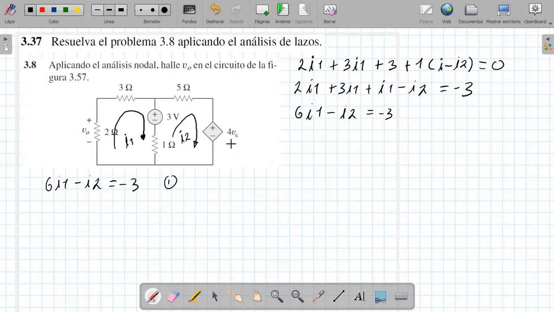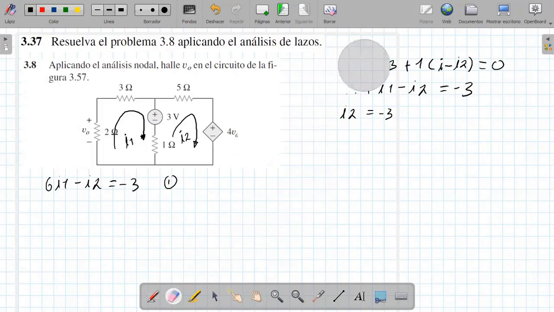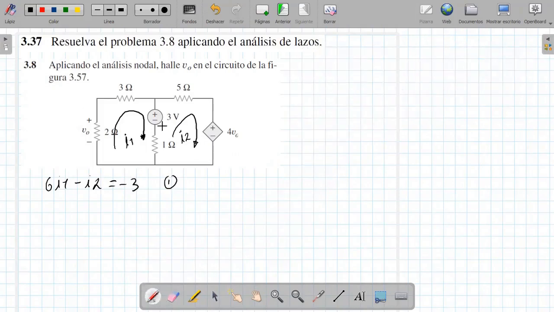This would be equation 1. In loop 2, as in mesh 2, it would be 1 that multiplies I2 minus I1, as we are in mesh 2. Well, it would be I2 minus I1, minus the voltage here, that would be 3 volts, plus 5 times I2, plus a dependent voltage source, which is 4 times V0.